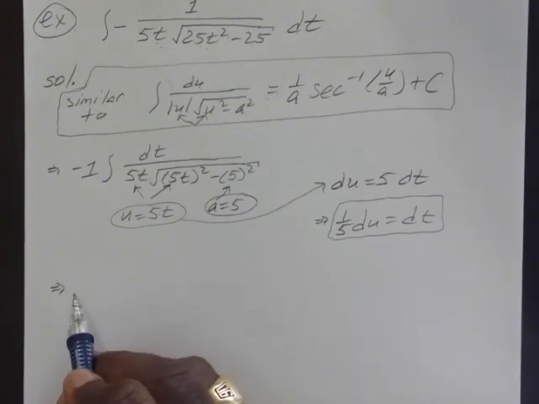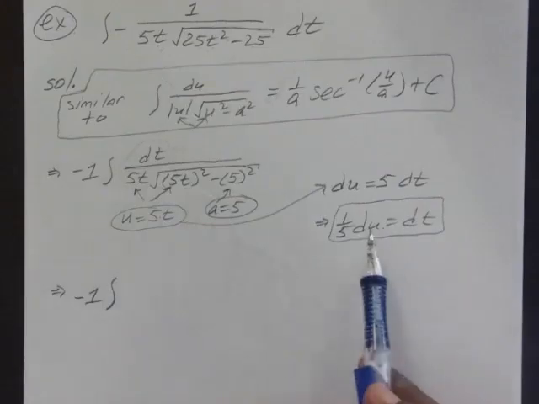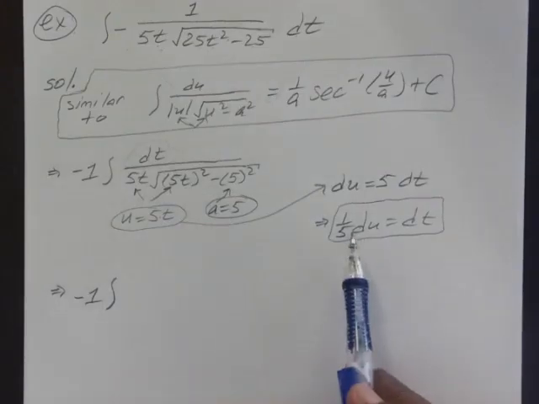Okay, so that means we can rewrite it as -1 times the integral. That dt, we can replace that with 1 over 5 du.